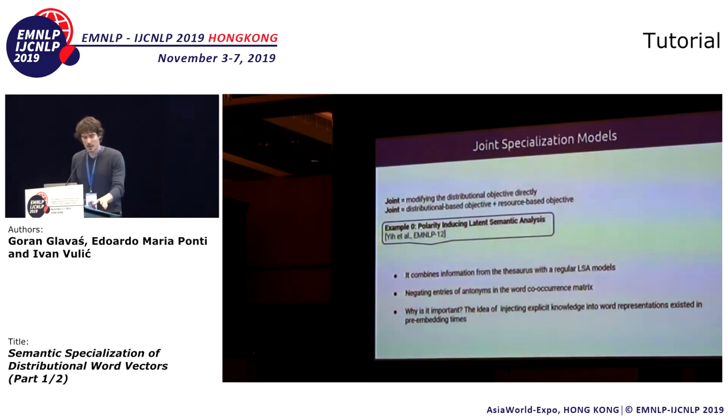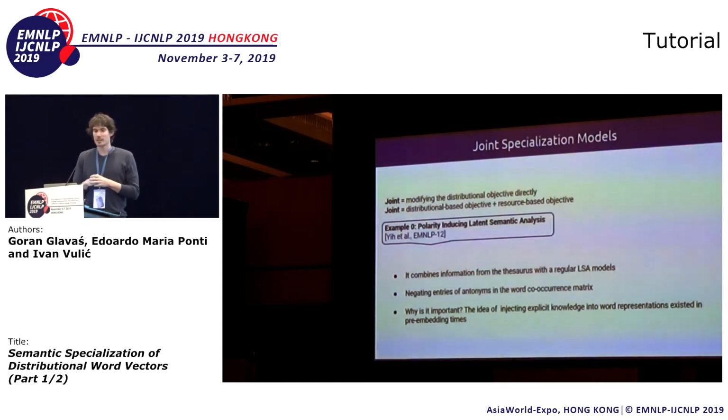Okay, so now I'm giving a brief overview of joint specialization models, even starting from pre-embedding time. One of the methods that I like is this work from Yih et al., EMNLP 12, where they wanted to clearly distinguish between synonymy and antonymy, and what they did was, in the word co-occurrence matrix needed before applying your LSA model, they negated the entries of antonyms.